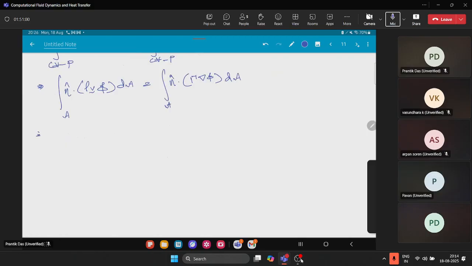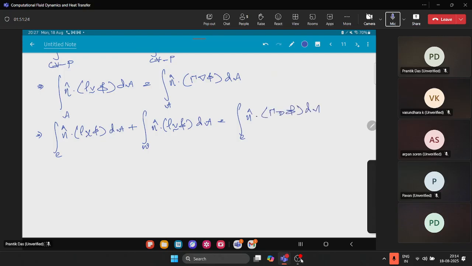Yes, sir. So now this can be converted into n cap dot rho V phi dA at west and east, equal to n cap dot gamma grad phi dA at east minus west.